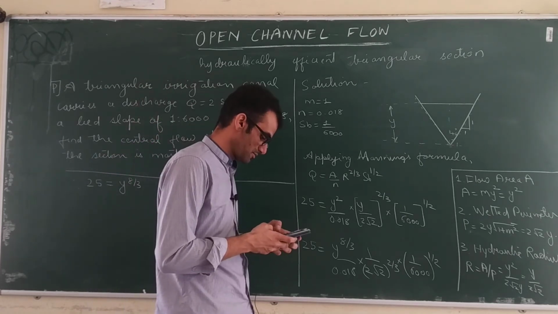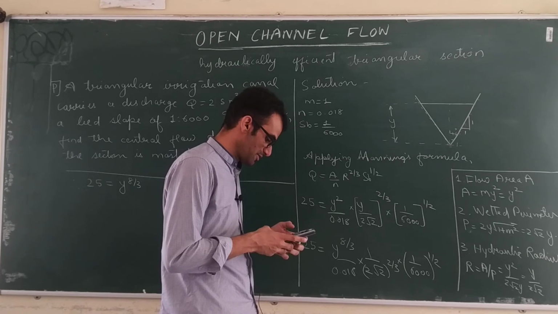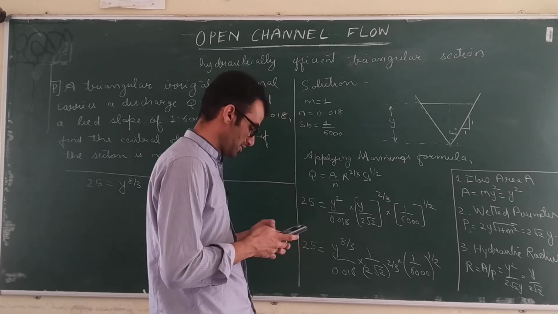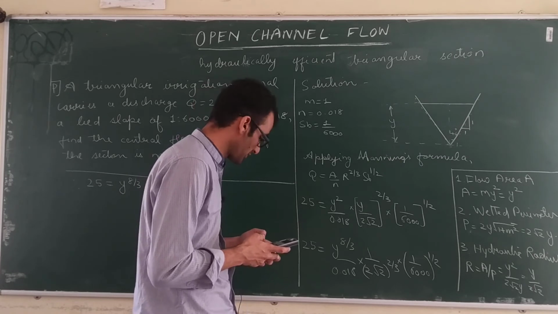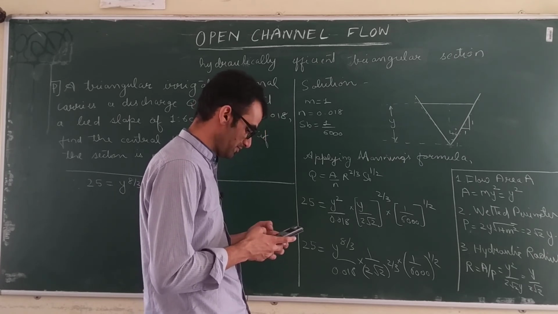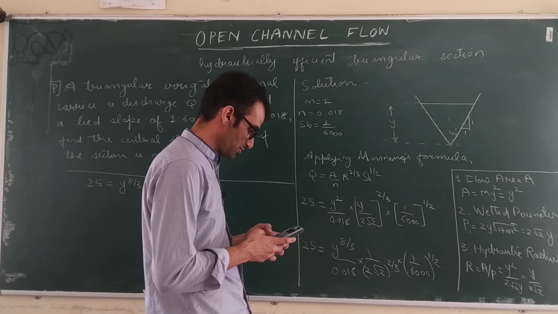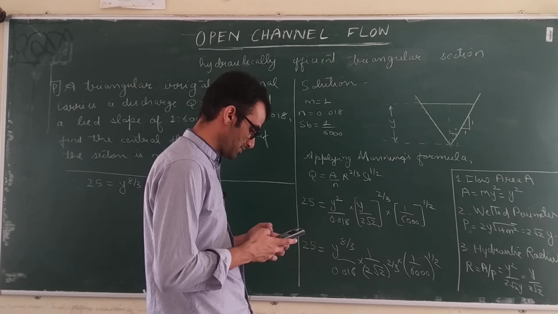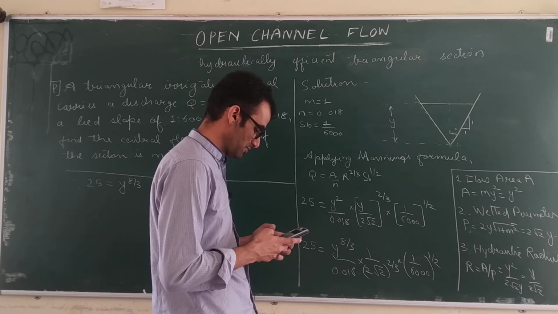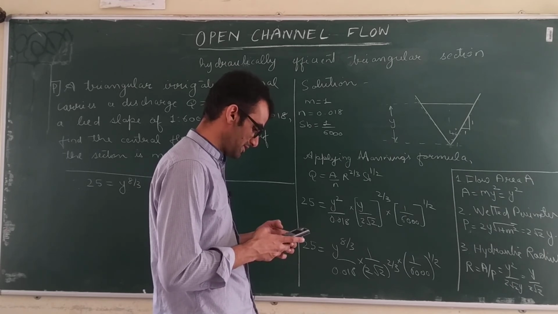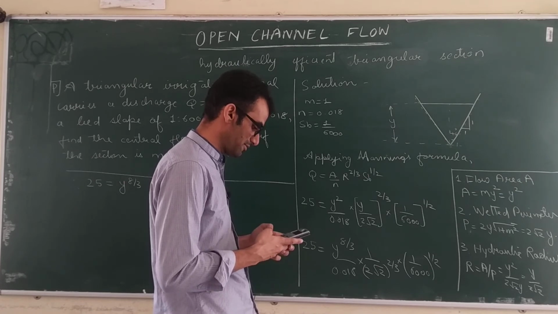So it is 1 upon 0.018 into 1 upon 2 root 2 raised to 2 by 3 into 1 by 6000 raised to half.